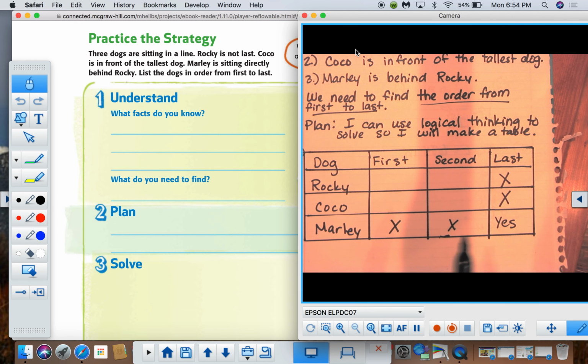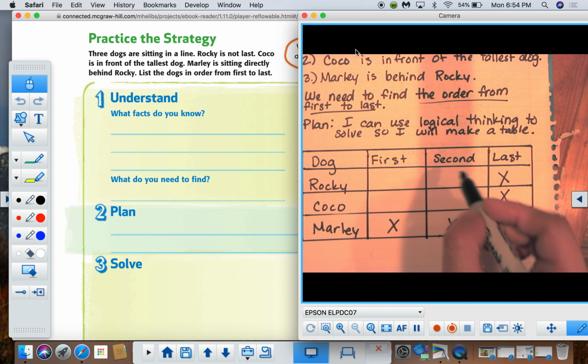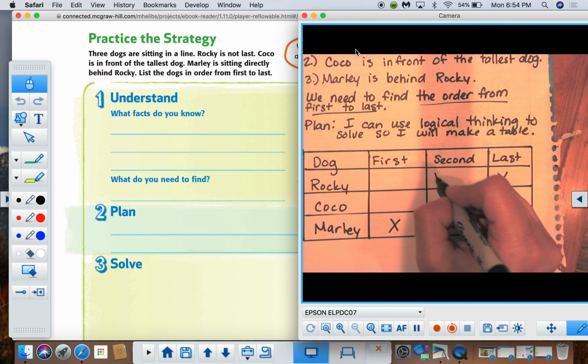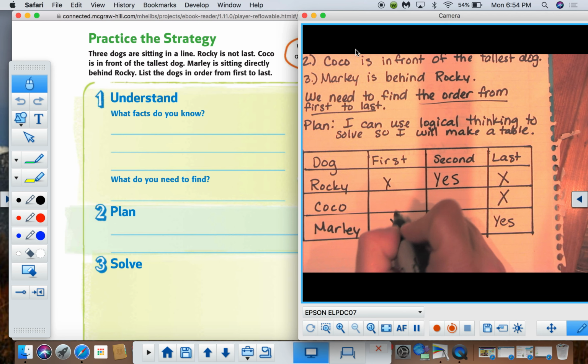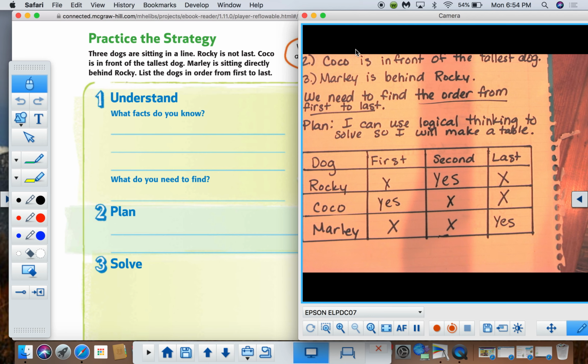I know that Coco is in front of the tallest dog and Marley is behind Rocky. So if Marley is behind Rocky, Rocky can't be first. So that means that Rocky is second. And he's not first, so that means that Coco is first.